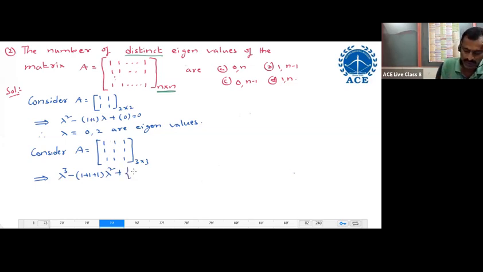Very first 2 by 2 is 0, next 0, next 0, into lambda, minus determinant, which is also 0. Very simple equation: lambda square into (lambda minus 3) equals 0. Therefore, lambda equals 0, 0, 3 are the eigenvalues.